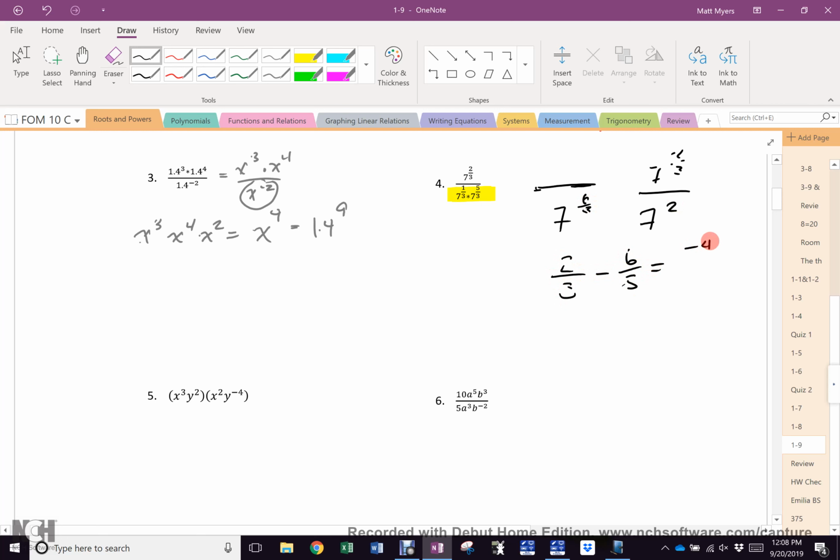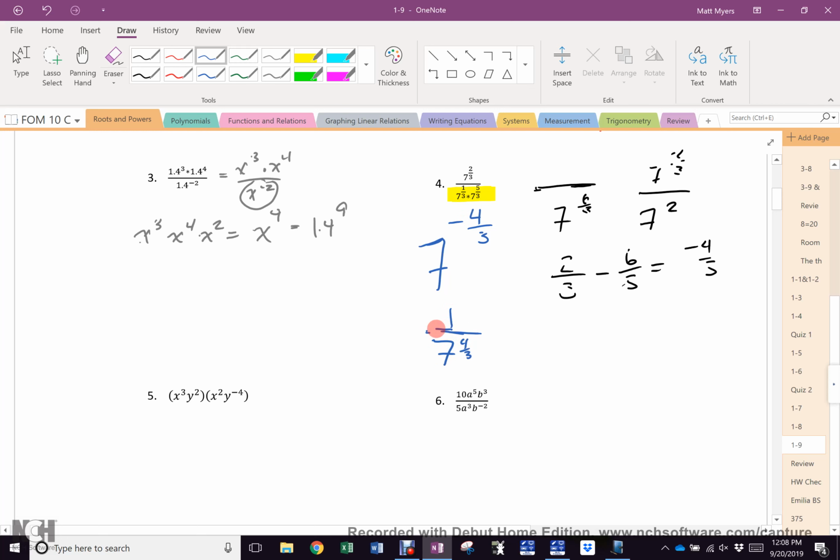To get negative 4/3, yeah? So what did I really have? I had 7 to the negative 4/3. Oh, it might be fixing itself. And what does that do? Flips to become 1 over 7 to the positive 4/3.